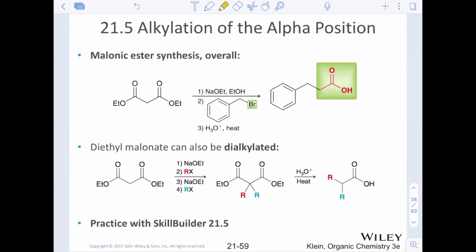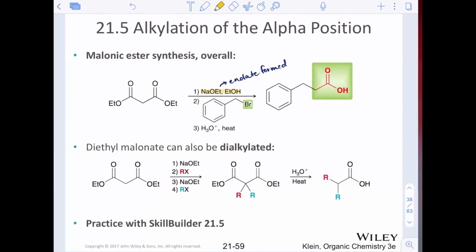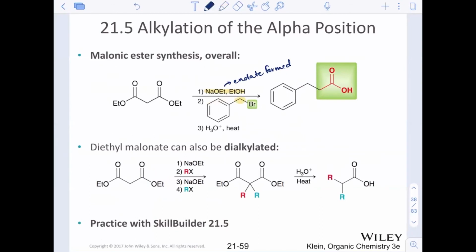We have first step as a base to form the enol or enolate. Second step, we throw in a secondary or a primary or a methyl alkyl halide. This is our SN2 step. And then third step is H3O plus and heat. We decarboxylate, drive off carbon dioxide. The decarboxylation mechanism you do not need to know.